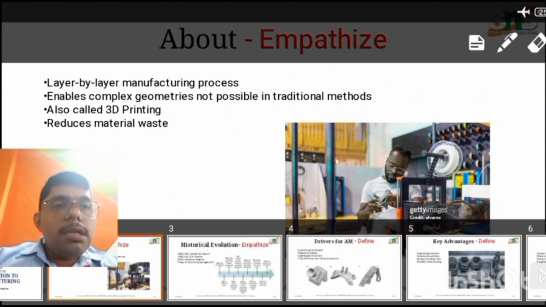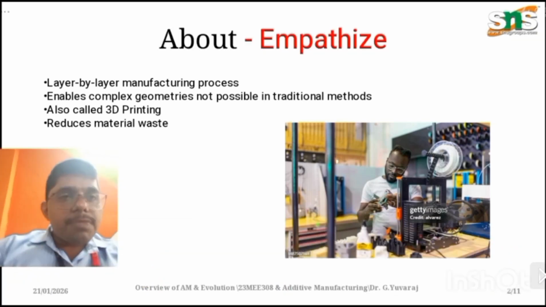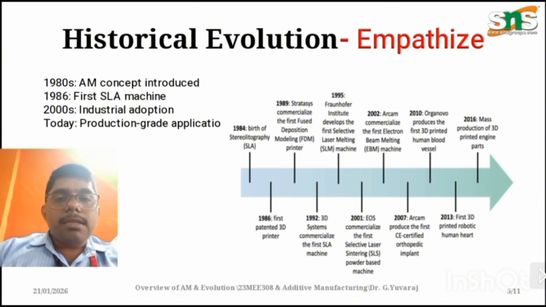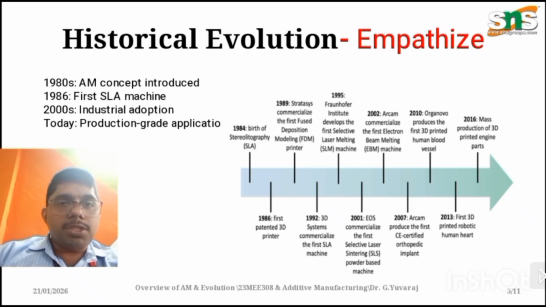The next one is about the historical implication. Looking at the historical evolution, additive manufacturing usually starts from the 1980s. During 1980, the first additive manufacturing concept was introduced. Following that, the first 3D printer was invented in 1986.